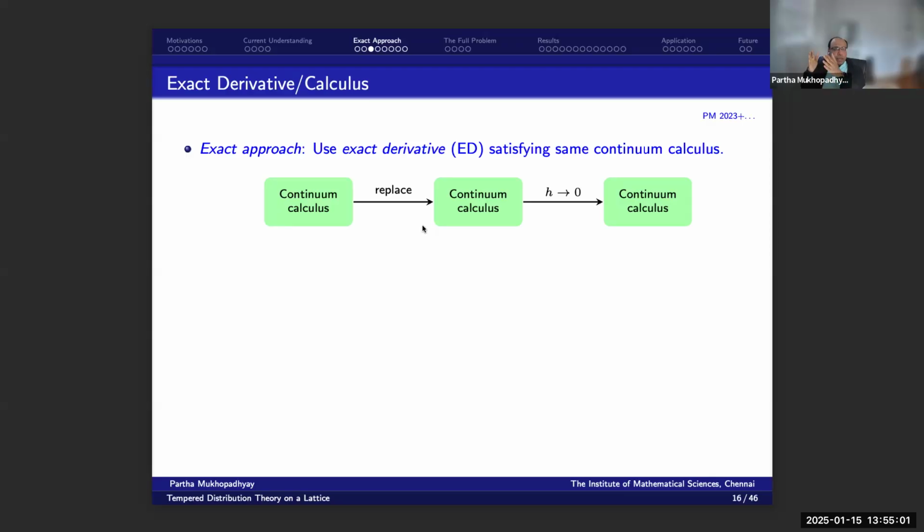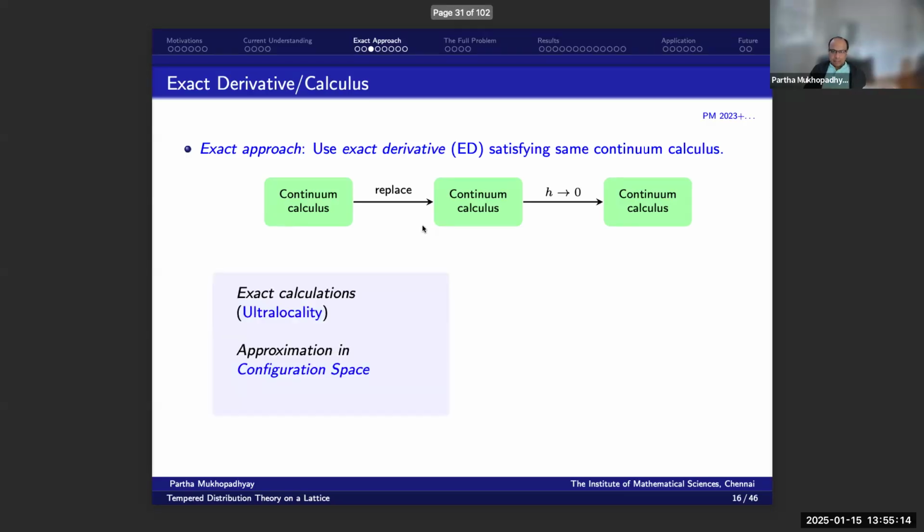This means that although we are doing calculations on the lattice, each step in the calculation is exactly the same, algorithmically, as done in the case of the continuum. So these calculations are exact in that sense, and that is what I would like to refer to as ultra locality.